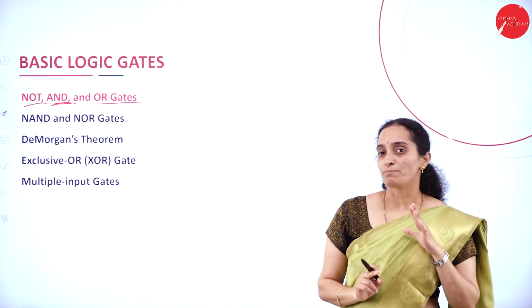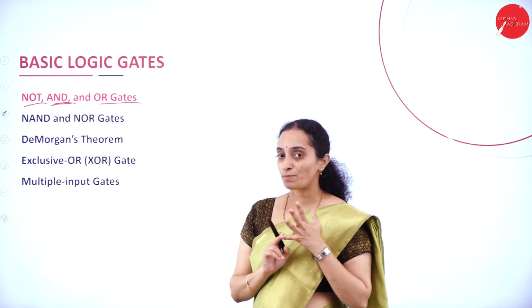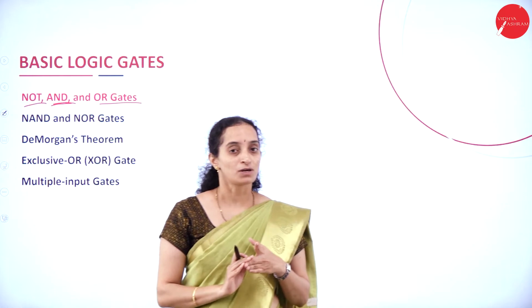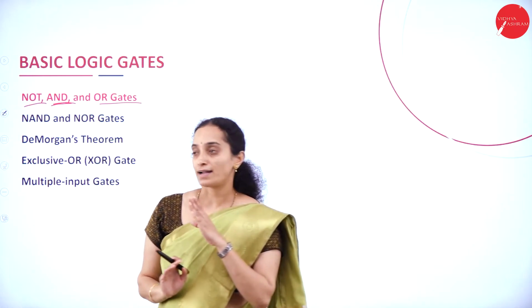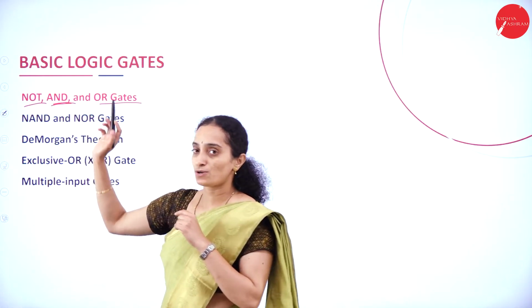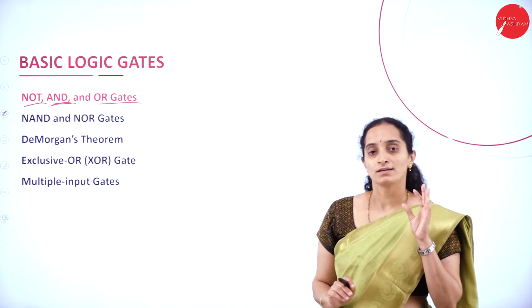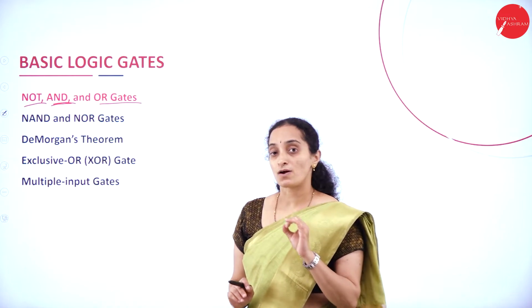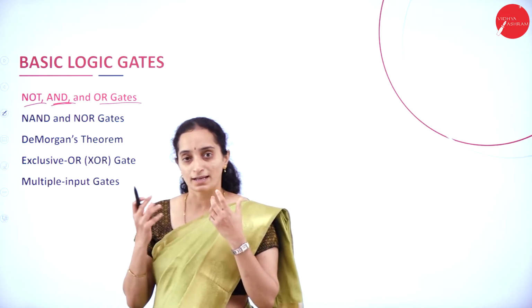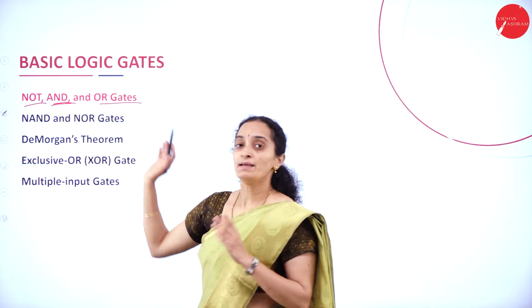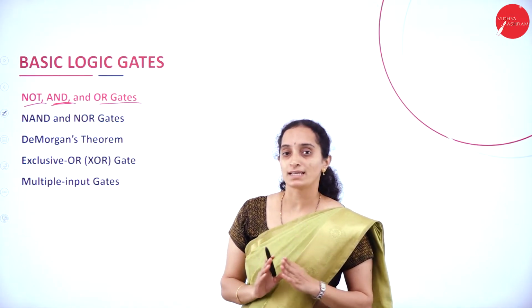Now, you know the purpose of introducing AND operation, OR operation, and NOT operation, because these operations are needed to open and close these basic gates, that is AND, NOT, and OR. These are called the basic gates. To create any circuit, you need these three basic gates. Without these gates, you can't create a circuit.